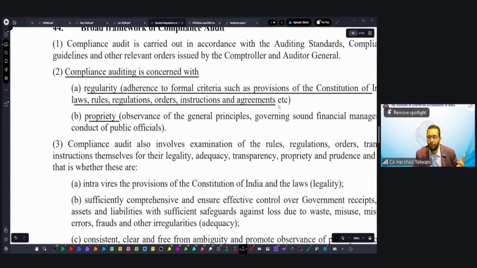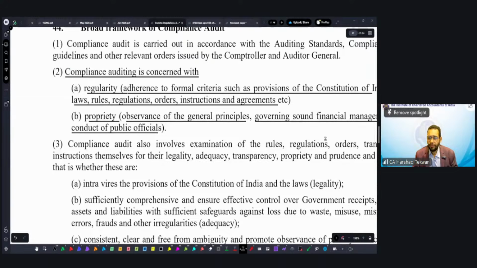For example, GST related, just now we saw that the law requires that the department has to do monitoring for the composition scheme, or there should be appropriate compliance with return filing. How is the department doing on that particular area? Propriety is observance of the general principles governing sound financial management and the conduct of public officials.